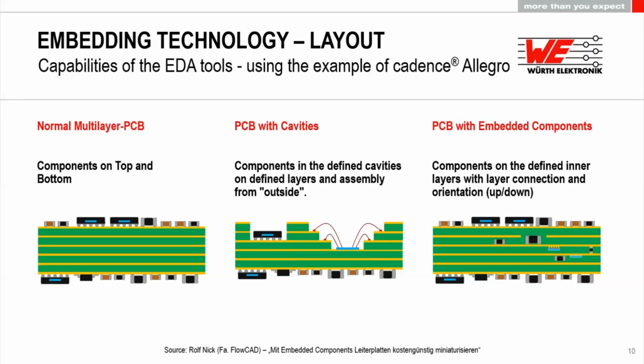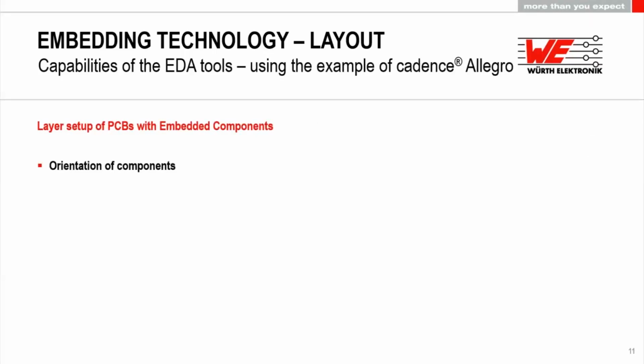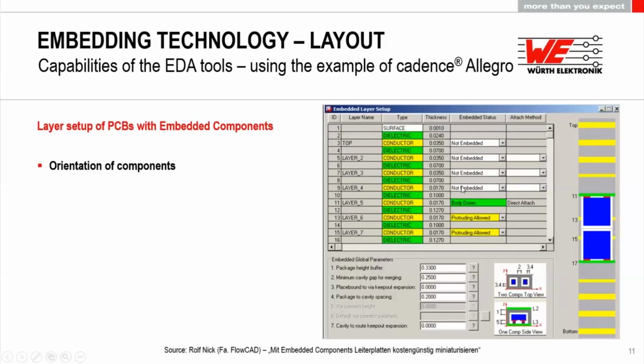And let me show you how this is being realized in those tools. Using the example of Cadence Allegro, we see here in the embedded layer setup that you, for example, can decide the orientation of the components. You see here the status body down, which means that for layer 5, a component is sitting directly underneath this layer 5.